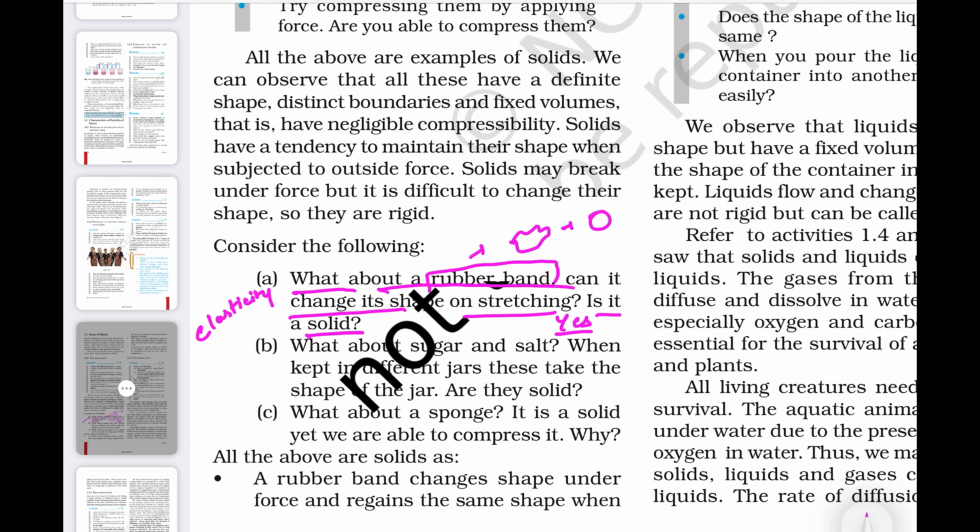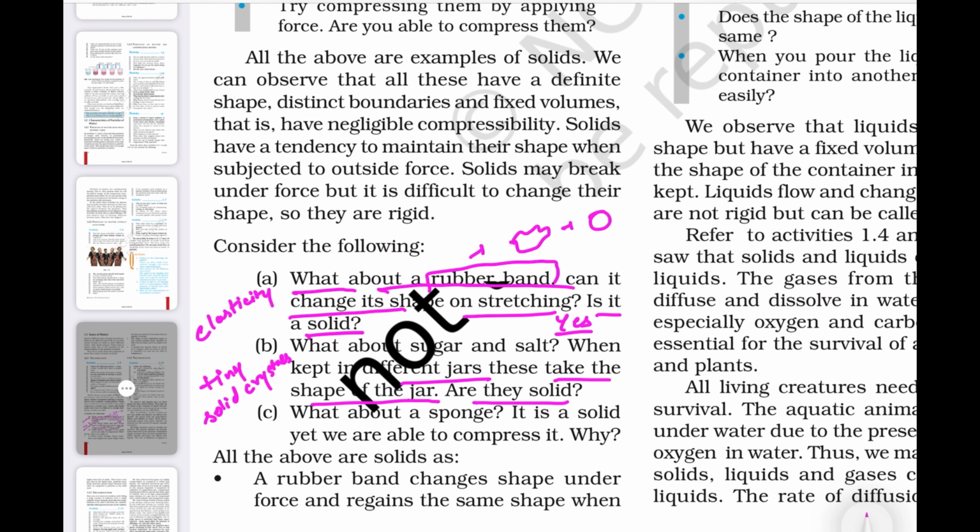The second question is, what about sugar and salt? When kept in different jars, these take the shape of the jar. Are these solids? Sugar and salt are made up of tiny solid crystals, and each crystal has a definite shape.